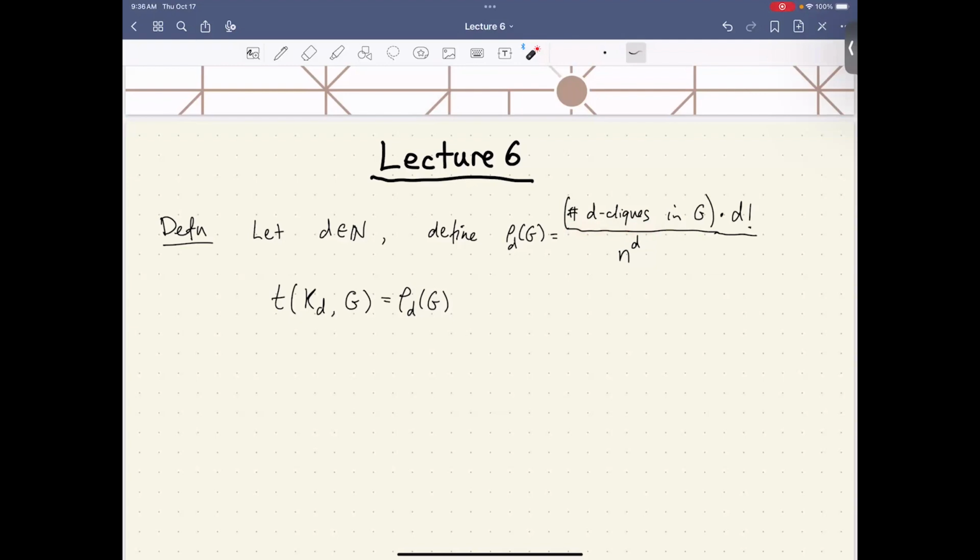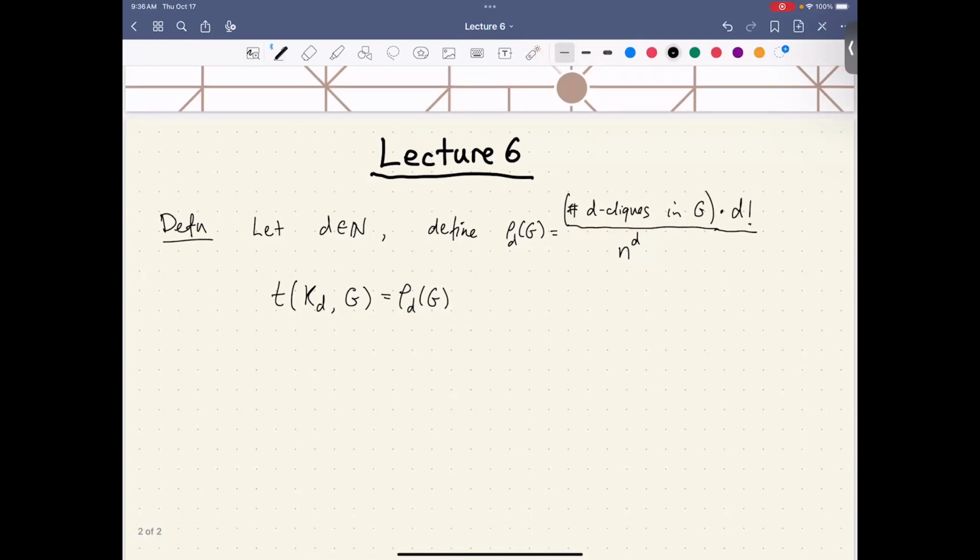So it actually yields a copy of the graph K_d. And this is almost the same as what we usually call the K_d density. Sometimes people also use the number of d-cliques in G normalized by n choose d, the unordered way of normalizing. When n is large, they are almost the same, so let me not distinguish these two versions.